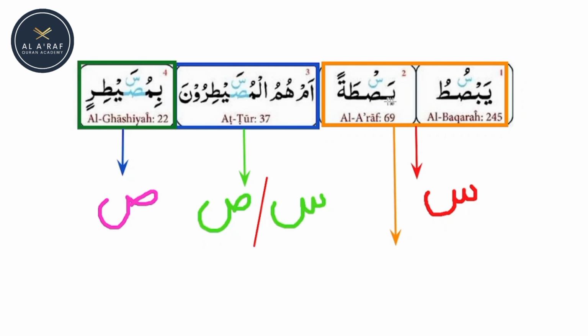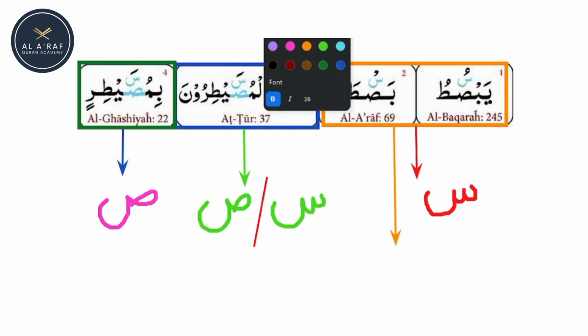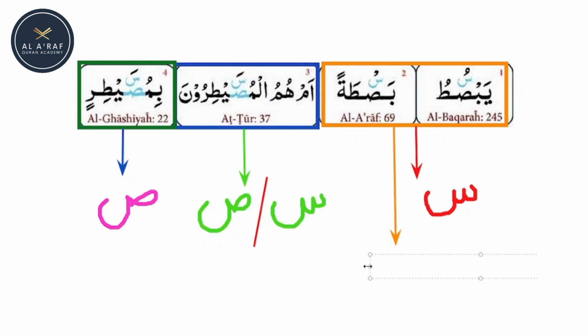And similarly in the second one, one, two, three, four letters, right? So it's a trick for you now. If you see the word having four letters with seen or sword, you have to read that word with seen letter. Understand? So this thing you have to keep in your mind.